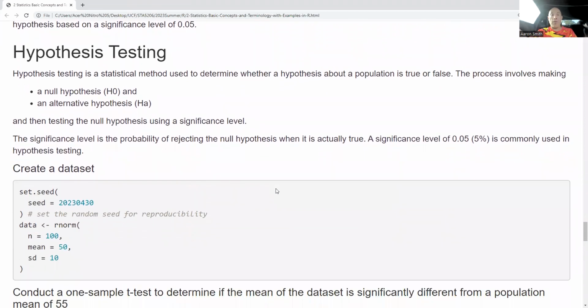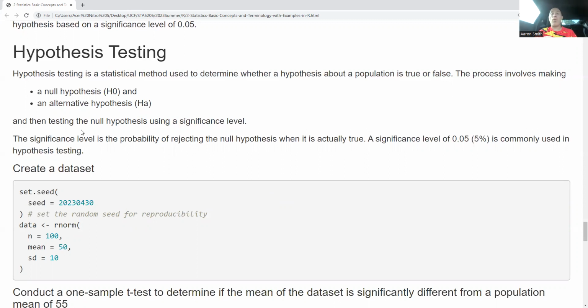Statistics does a lot of hypothesis testing. The goal here is to have a mathematically rigorous, objective structure for reaching a conclusion. So hypothesis testing is a statistical method used to determine whether a hypothesis about a population is true or false. The process involves making a null hypothesis, which is the default hypothesis, and an alternative hypothesis, and we denote the null as H sub 0 and the alternative as H sub a, and then we'll test the null hypothesis using a significance level.